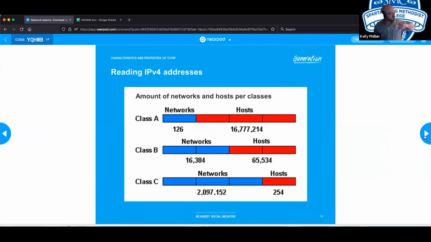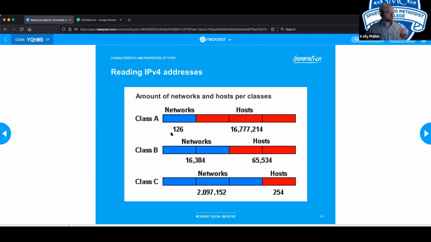Here we go with our Class A, B, and C, which tells you how many networks total we can have versus how many hosts on each one of those networks. Class A, there aren't that many of them. There's only 126 total Class A networks that you can have. Remember, because we can only go from 0 to 126, right? So there's only 126 Class A networks allowed.